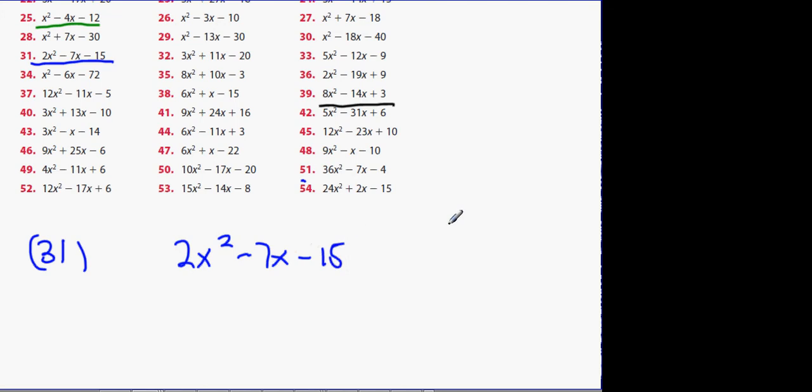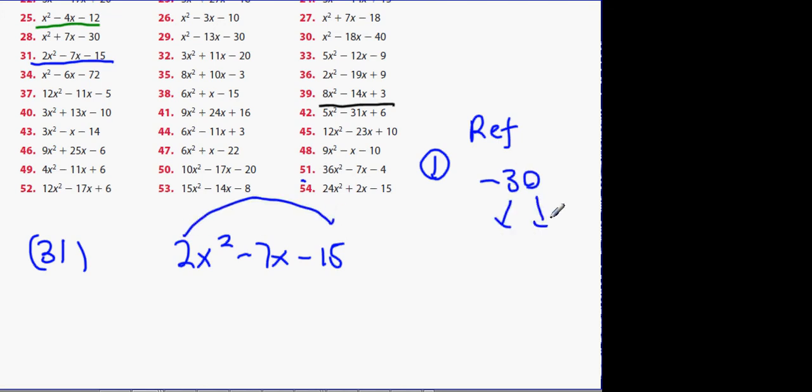Step 1 is to get the reference number. What is the reference number? Minus 30. Because it's 2 multiplied by minus 15. Step 2. What two numbers multiply to give you minus 30? List them all. 6 and 5. Go again. 3 and 10.